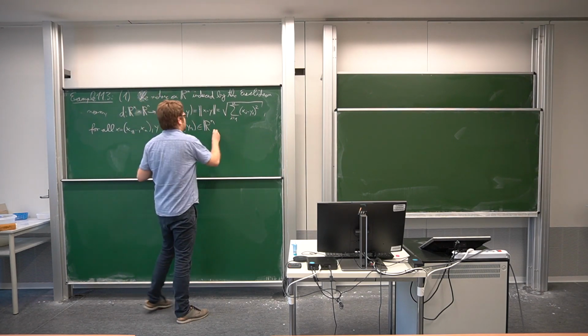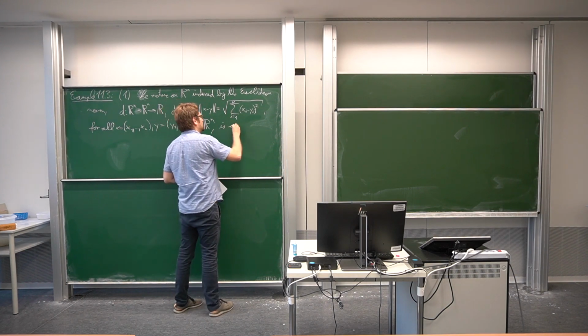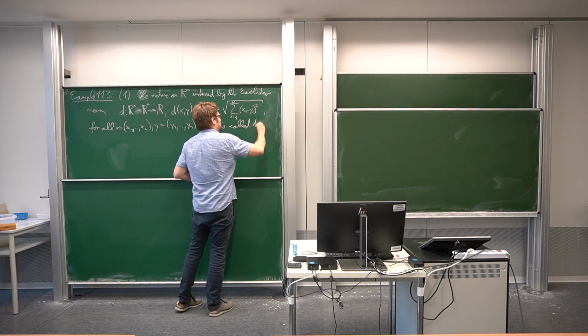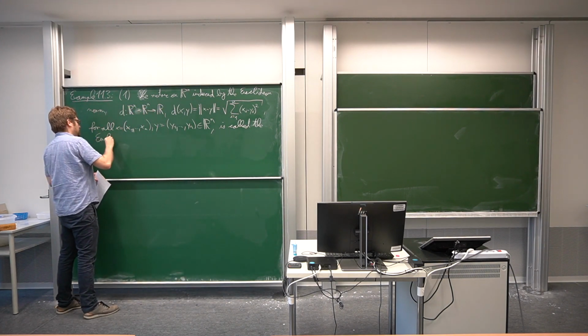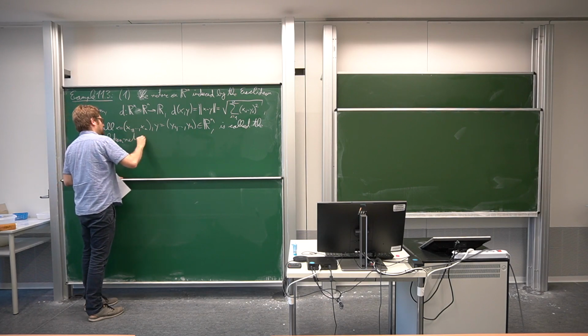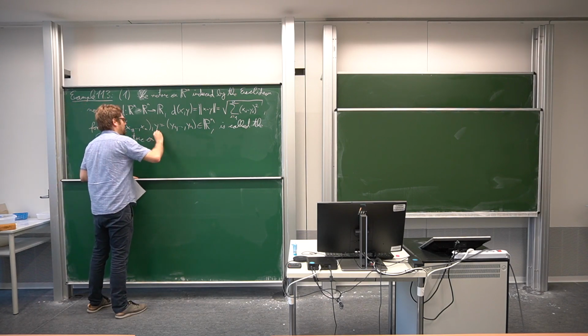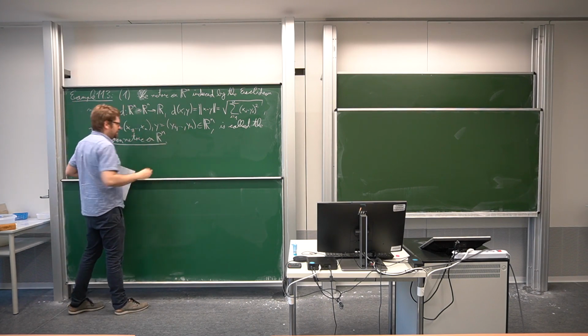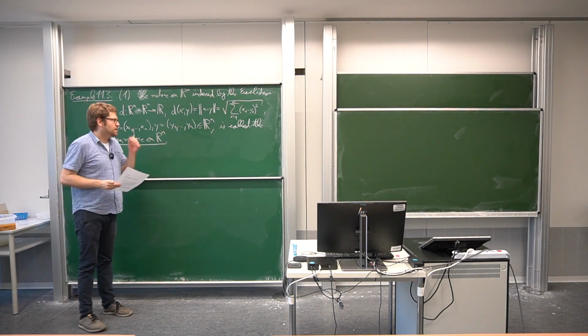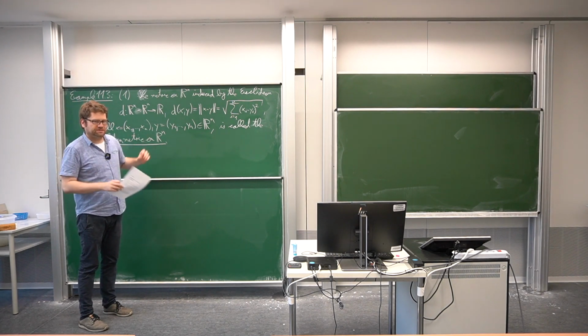So this metric is called the Euclidean metric on Rn. And whenever we talk about Rn, and don't mention explicitly a metric, we always refer to this one, because this is the most important one.